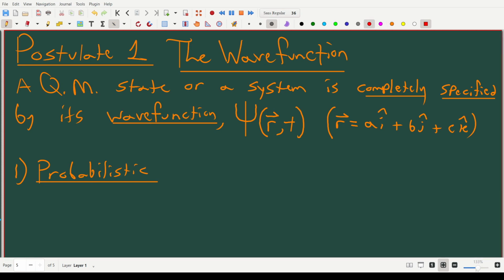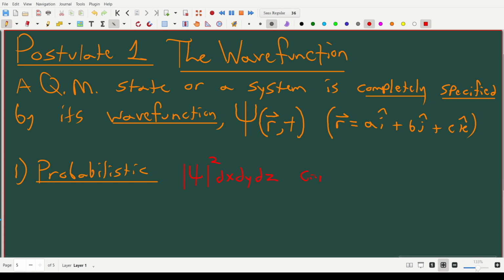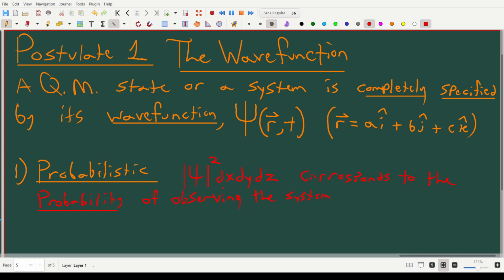Well, the statement is that if we take the wave function and square it times an infinitesimally small volume, dx, dy, dz, so we're taking the square of the function and looking at a very, very small spot, this corresponds to the probability, the chance of observing the system in volume dx, dy, dz.